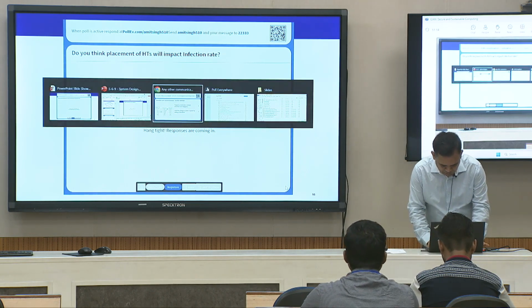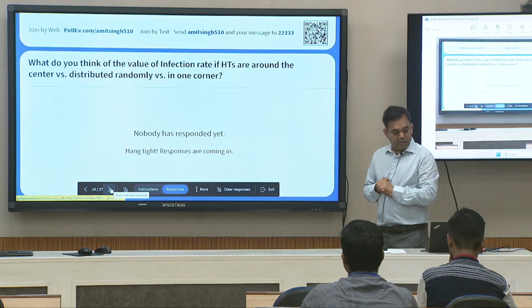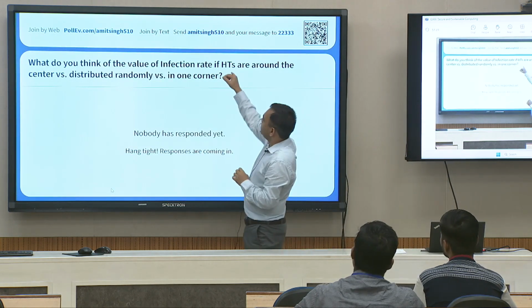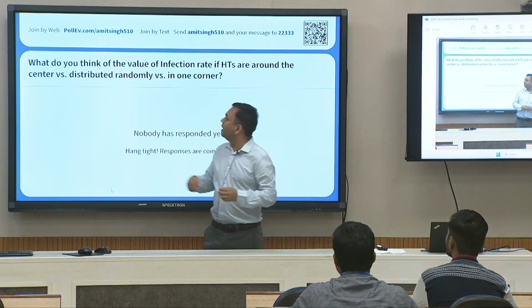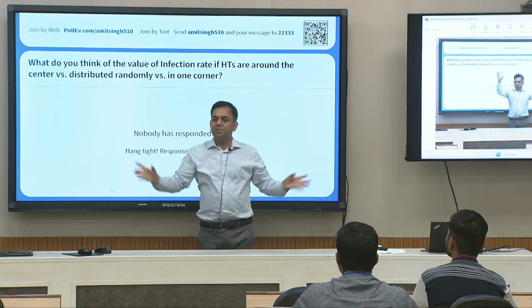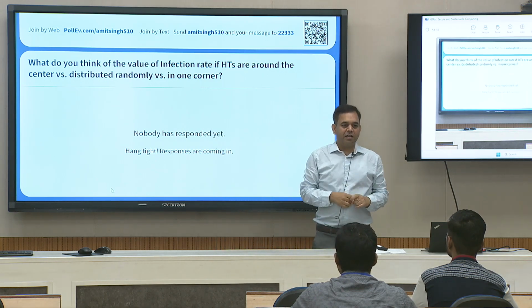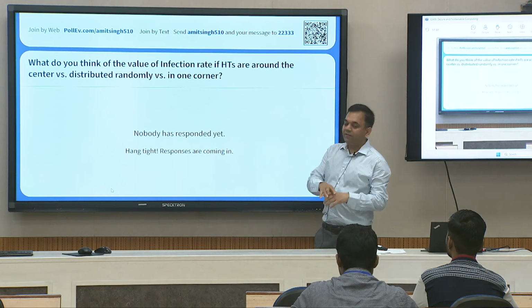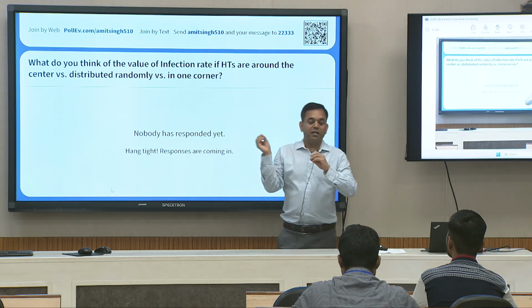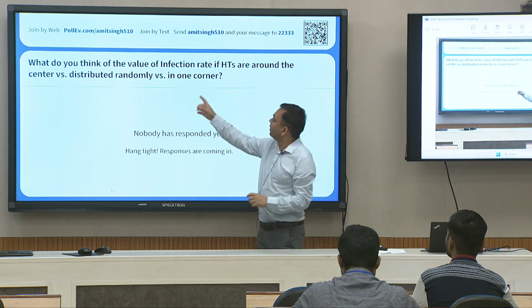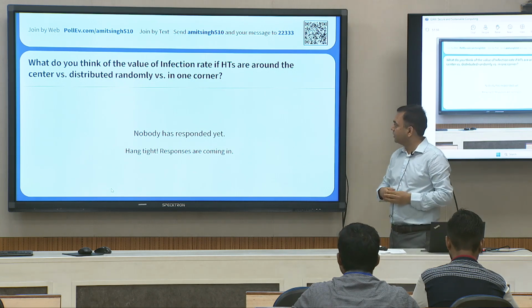So I think my next question is along that line. Let's say these trojans are around the center, maybe 2, 3 or 10 of them, or they can be distributed randomly across the whole chip, or they can be in one of the corners. Let's say 64 cores, 8 by 8. In one case everything is around the center, maybe 10 cores in the center are infected, in another the 10 are distributed, and in another they are all in one corner, top left or top right.